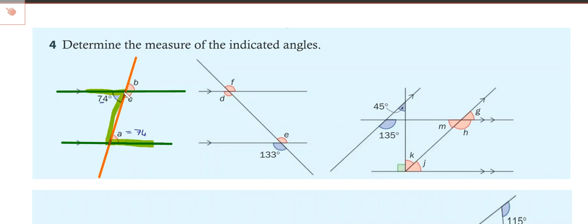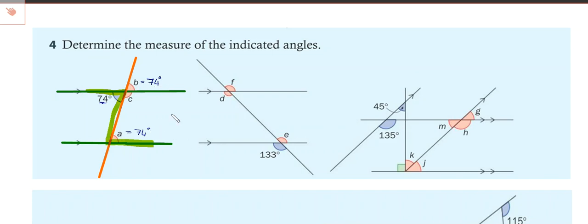B, up here, these two, again going back to the 74, are what angles? B and 74 are considered vertically opposite. So I know B is also equal to 74. You don't have to work anything out.